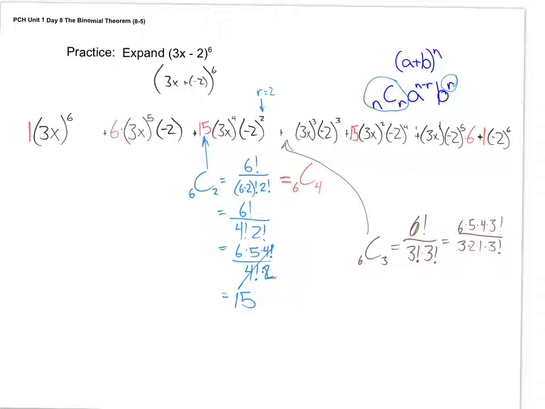Okay, so you'll notice here the 3 factorials cancel, and this whole thing down here is 6, so that'll cancel out that 6, and we're left with just 20. Okay, so good. So our coefficient here would be 20.